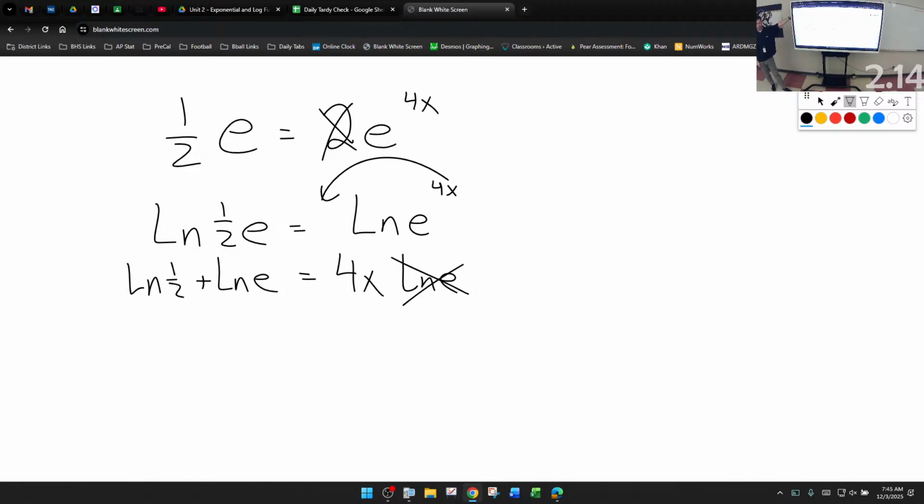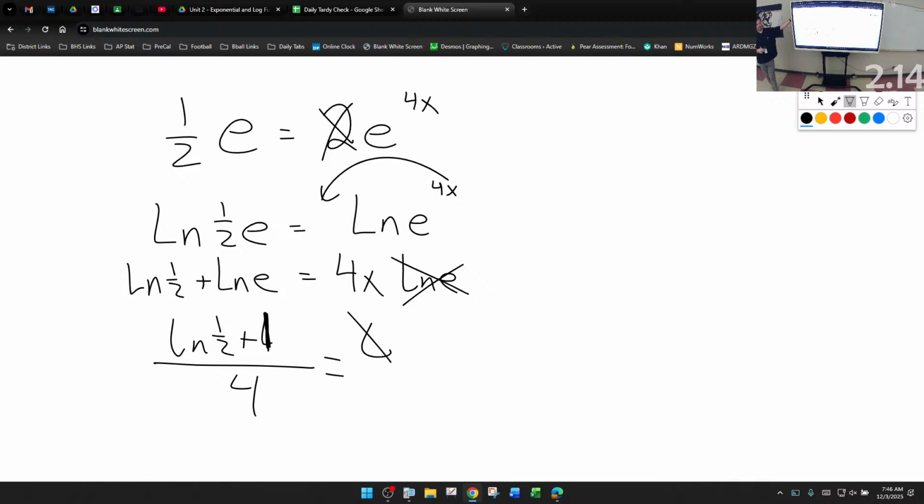And then I'll divide by 4. But what's the natural log of e? 1. So I have the natural log of 1/2 plus the 1, all over 4x. And I don't think they'll like the 1/2, but I don't know if that matters.